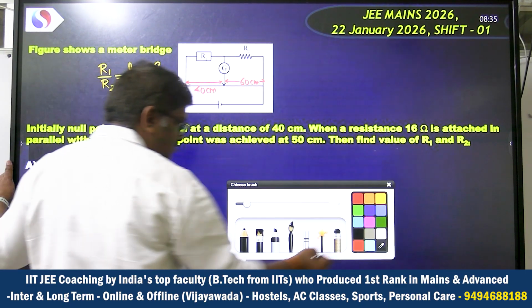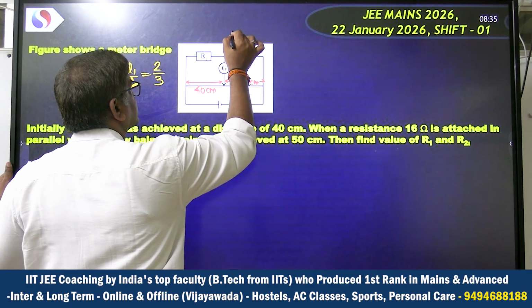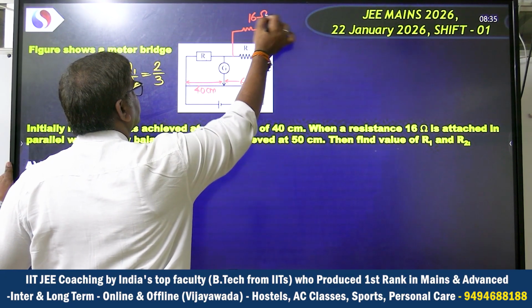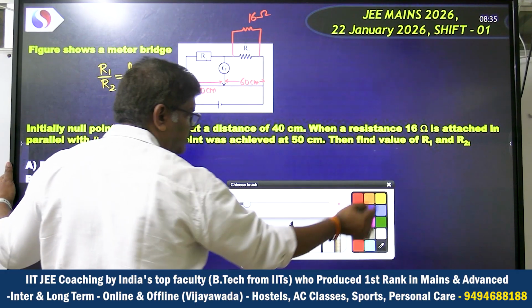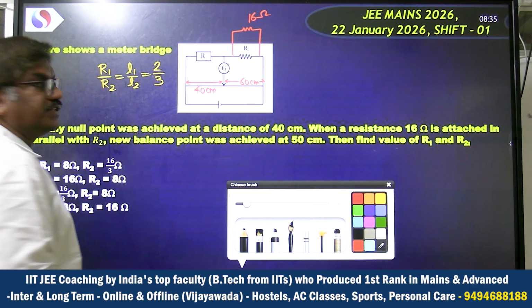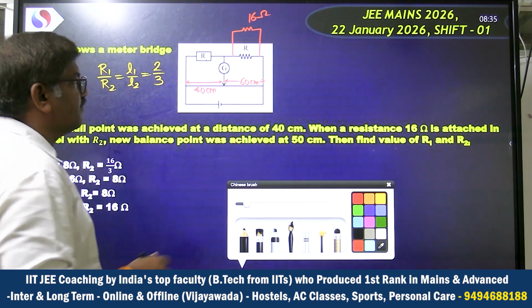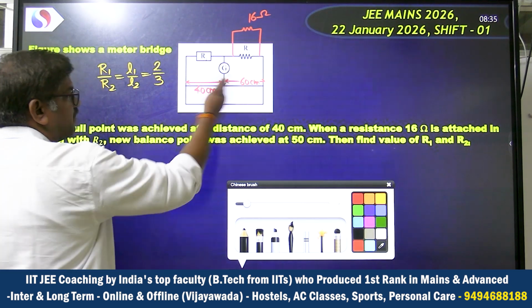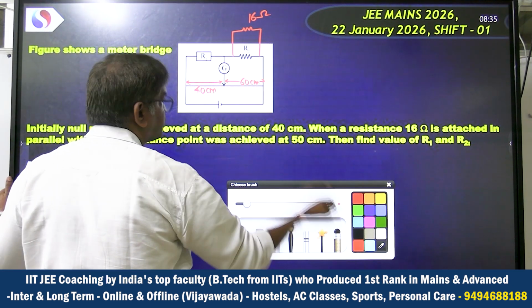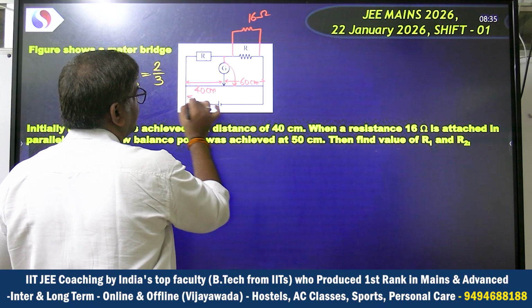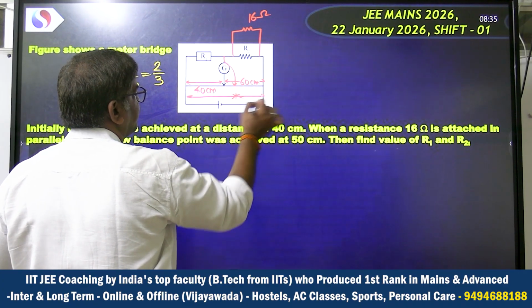Further in this question, they mention that when this R2 is connected in parallel with a resistance of 16 ohm, the balance point is shifted to 50-50. This means one side is 50 and the remaining is also 50.